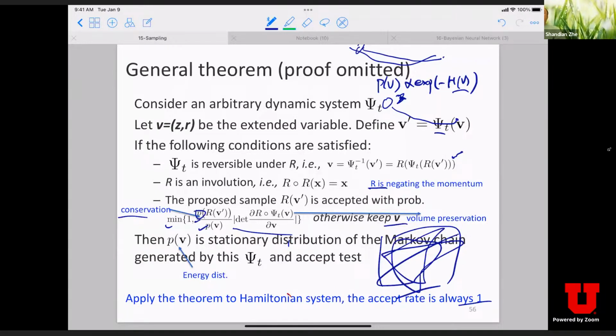Okay, but now let us go back to reality. We are not able to exactly use this system to generate sample proposals. Why? Any thought? In other words, we can't guarantee the acceptance probability to be 1.